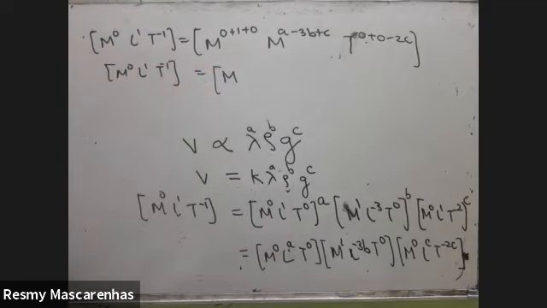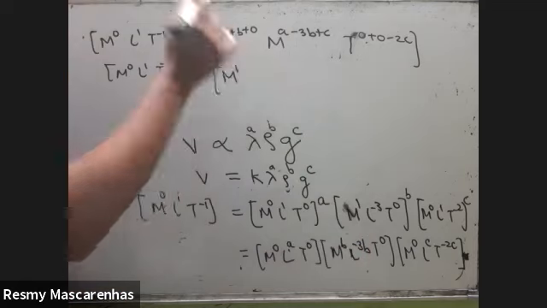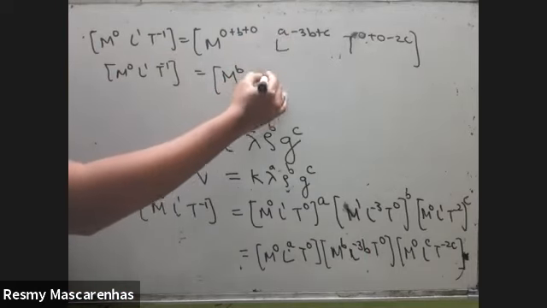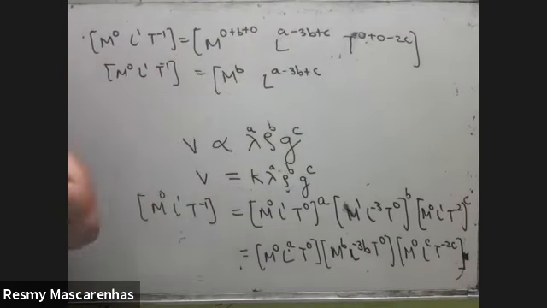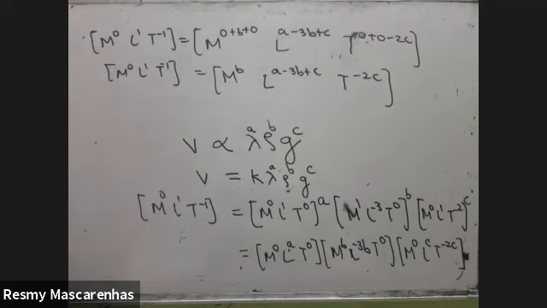So this will be 1. So this will be B. M raised to B. This is L. And this is T. Now you equate the powers. So if you equate, your B will be straight away 0.